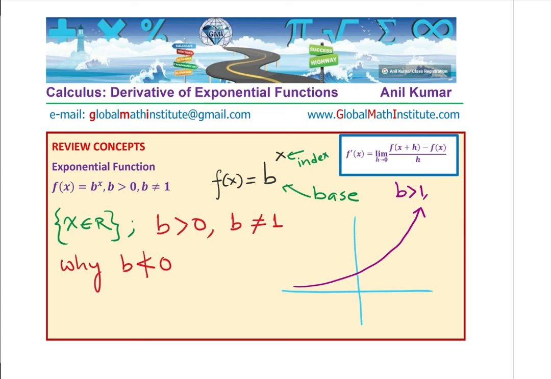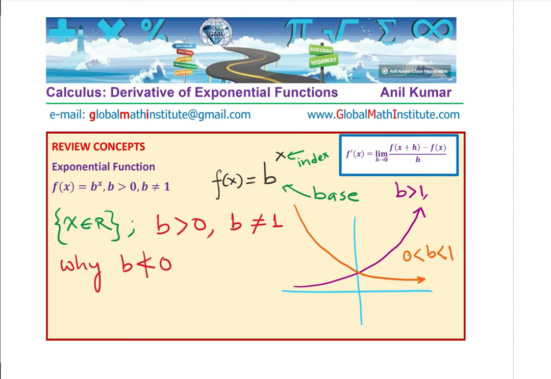On the other hand, if the value of b is between 0 and 1, then the graph will be kind of like this. So this is when b is between 0 and 1. So in either case, b is not equal to 1, right?